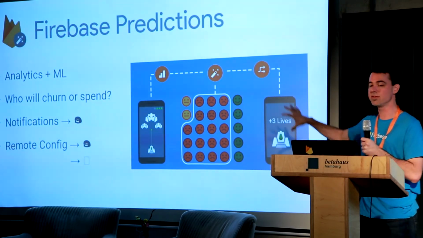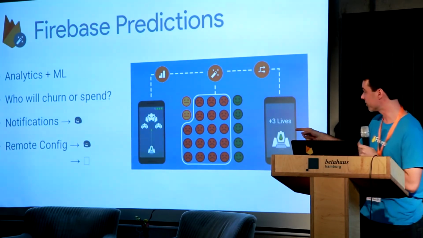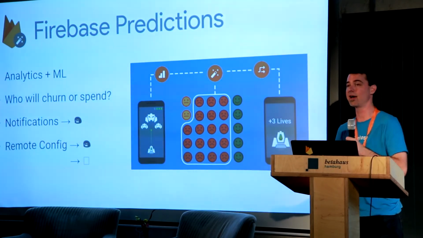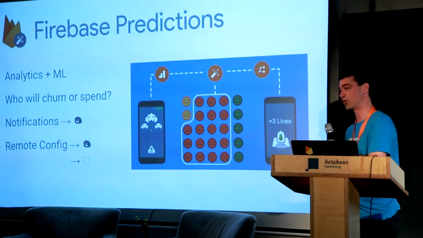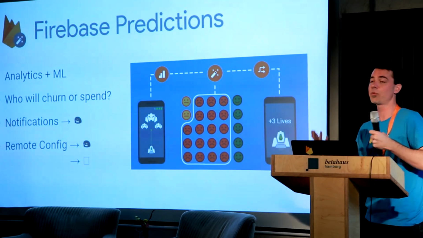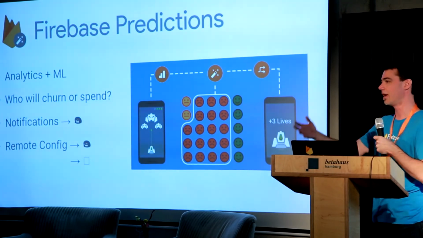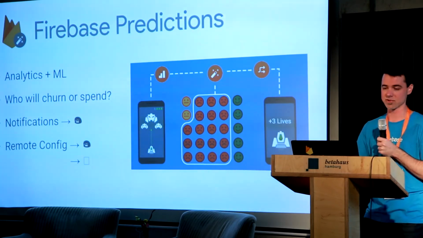Now you can group these people together. And what you can do is use Firebase notifications to send a message to the people who are about to churn and say, hey, I've noticed that you stopped playing my game. Would you like to try again? Maybe here's a special promotion. So it's a way to reward your active users for active engagement and also bring potentially churning users back into your app as well.